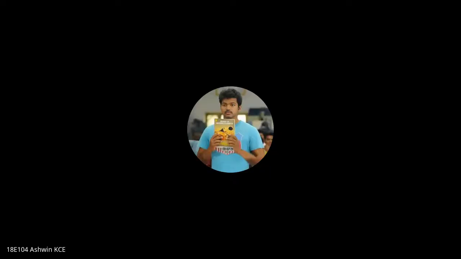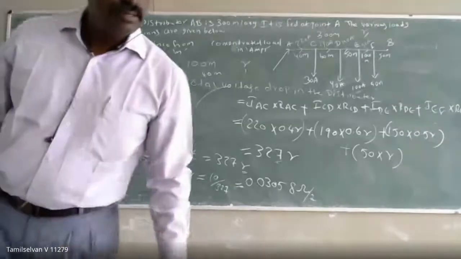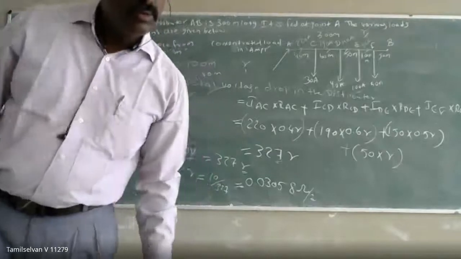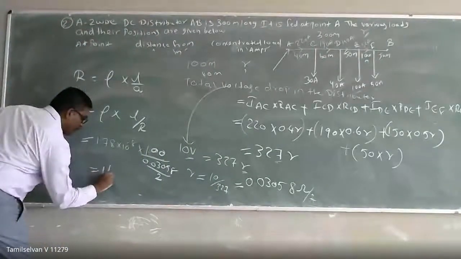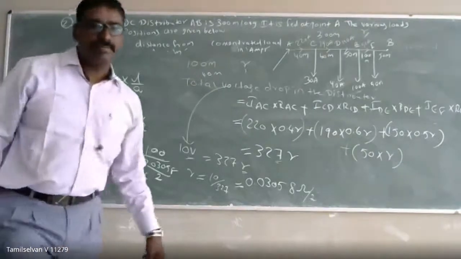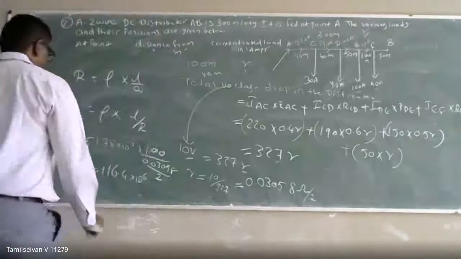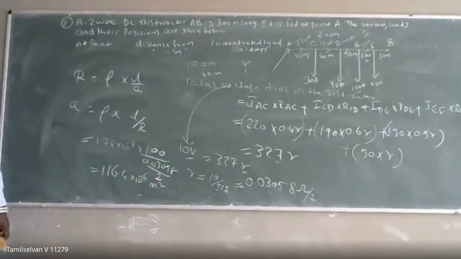1.529, sir. Actually, you will get 116.4 into 10 power minus 6 meter square.